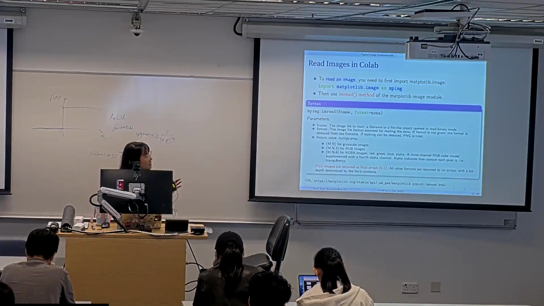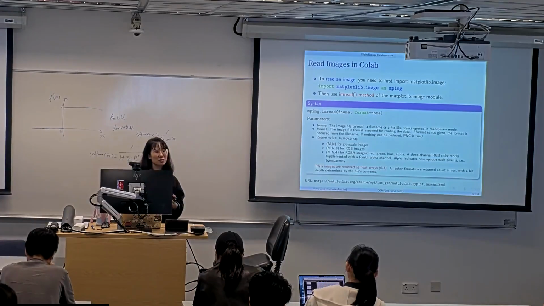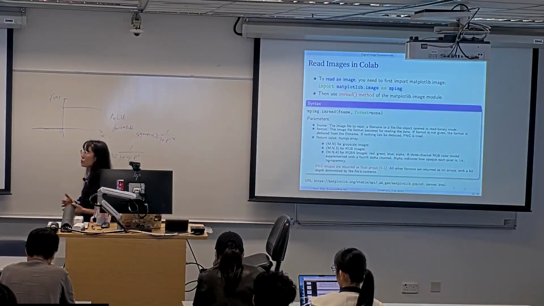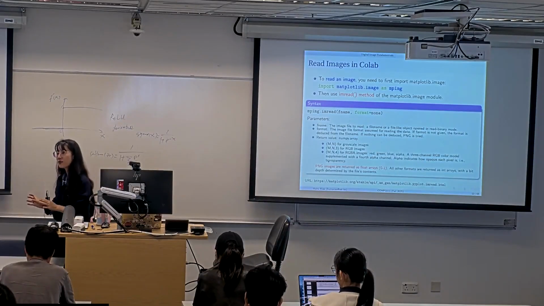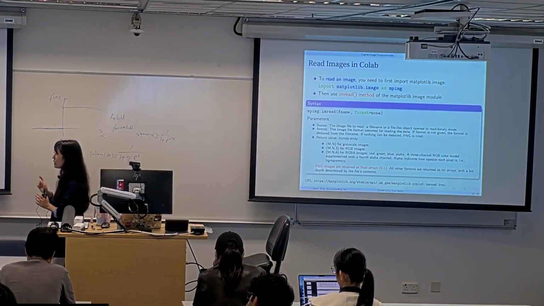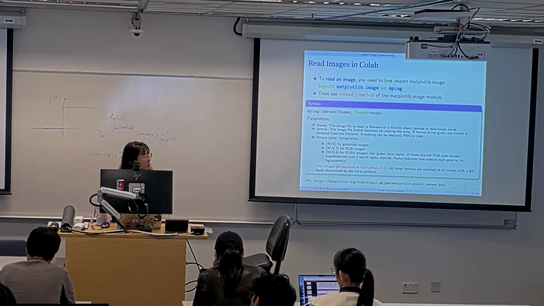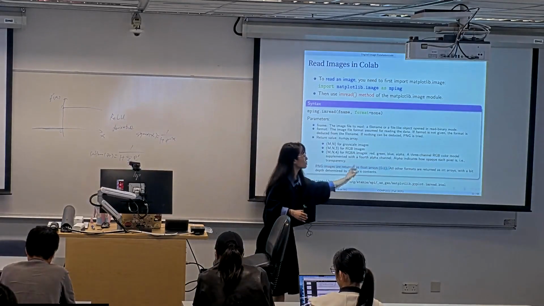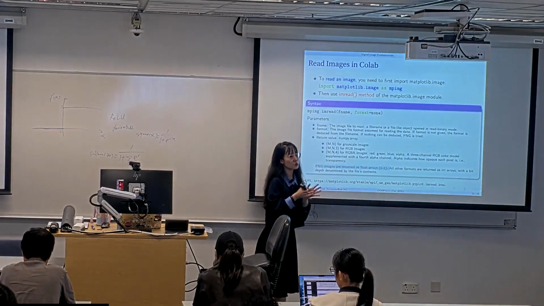And now for the return value in such a NumPy array, usually the digital images are 8-bit images. That means there are integer values from 0 to 255. But there is one exception, for PNG images. If it's a PNG image, then all the values are float values in the range 0 to 1.